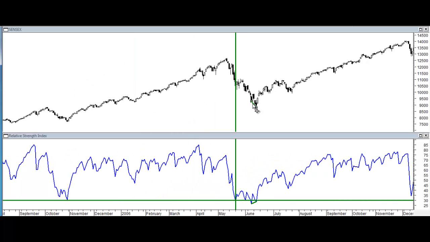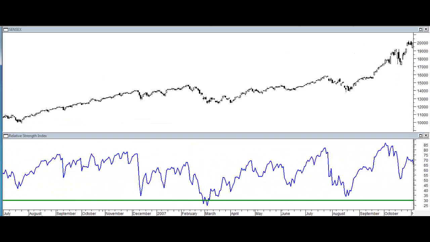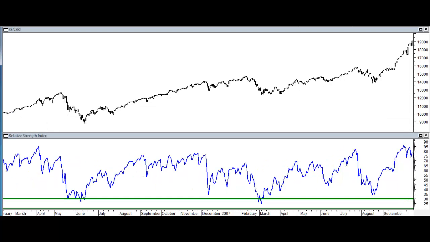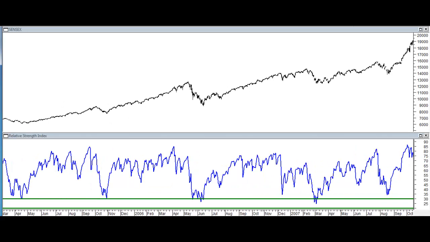Now I'll take another example. In 2007 also we witnessed the same kind of sell-off, and RSI broke and entered the 30 to 20 zone. Generally RSI bottoms out between the 25-30 zone, but in panics it may break 25 levels also.